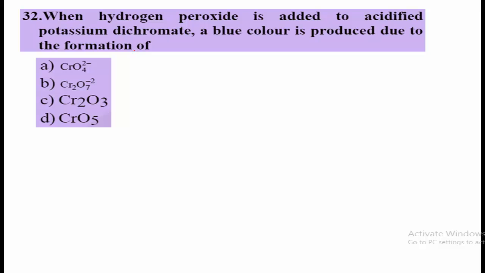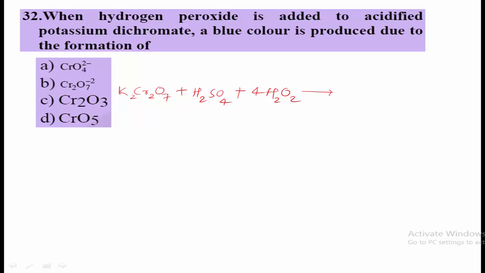32nd question. When hydrogen peroxide is added to acidified potassium dichromate, a blue color is produced due to the formation of. So the reaction of hydrogen peroxide with potassium dichromate is given by K2Cr2O7 plus H2SO4, acidified it is, therefore we have taken H2SO4 and hydrogen peroxide.